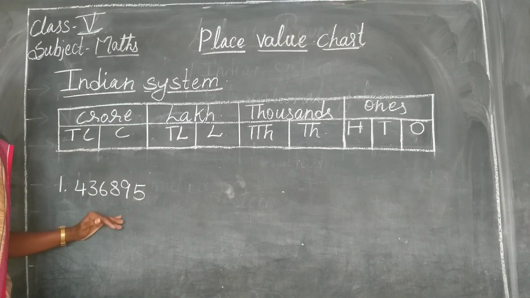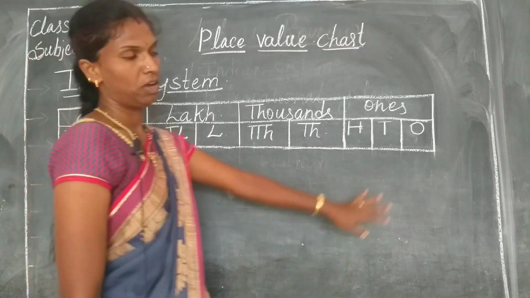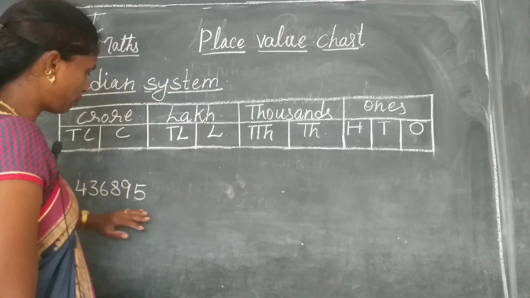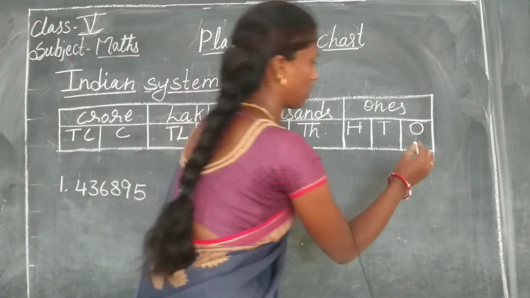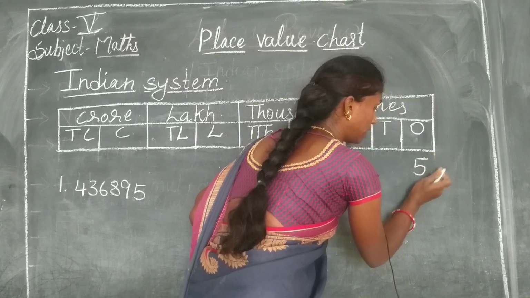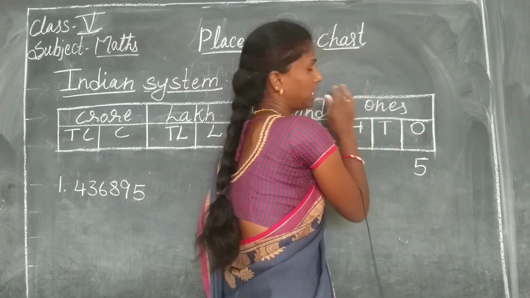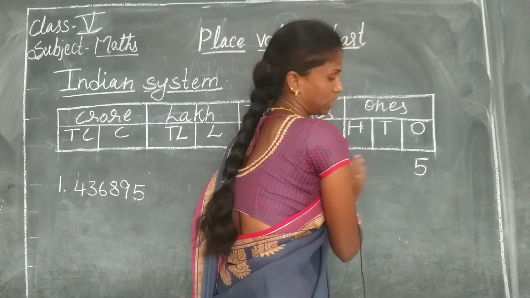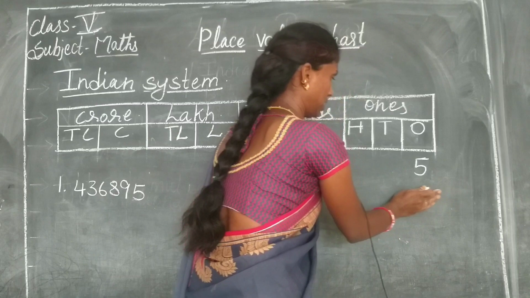When we are arranging the numbers, first we should start from the ones place. What is the last digit here? 5. So we arrange 5 here. Always remember that when writing in the place value chart, we start from right to left. First we start writing from the ones place. 5.